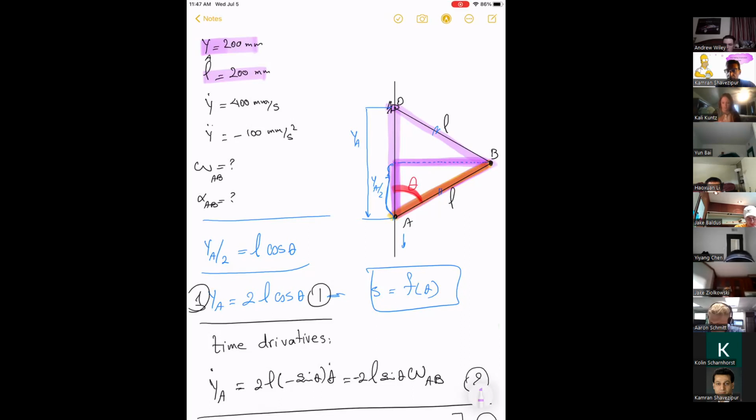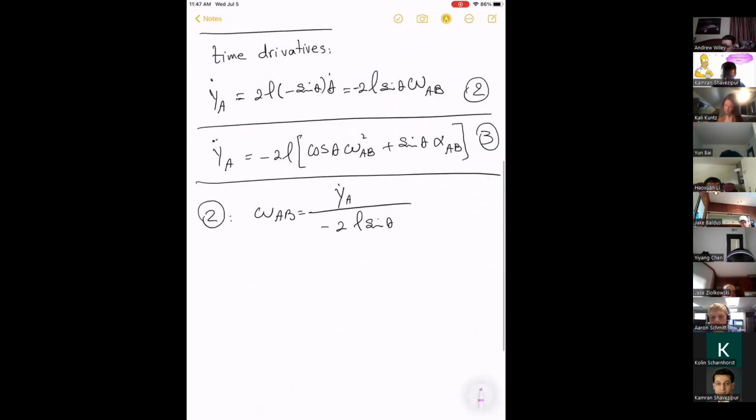Triangle with equal sides. Are you lazy or you just don't listen? Or maybe you're watching YouTube stuff or TikTok. It's an equilateral triangle. Equilateral triangle, how much is theta? 60. So at this particular moment that Y is 200, theta is 60.